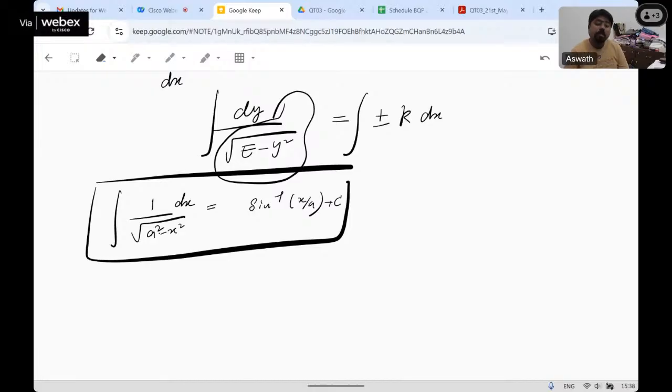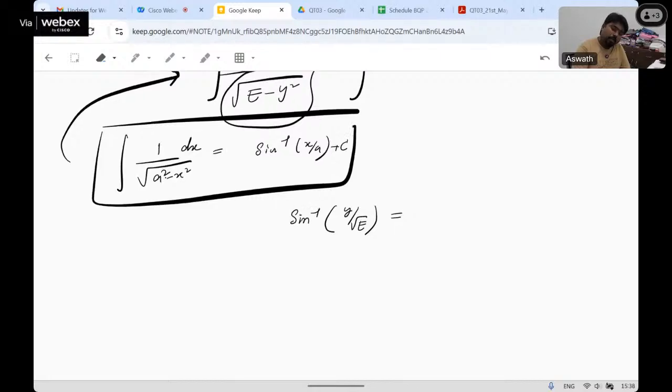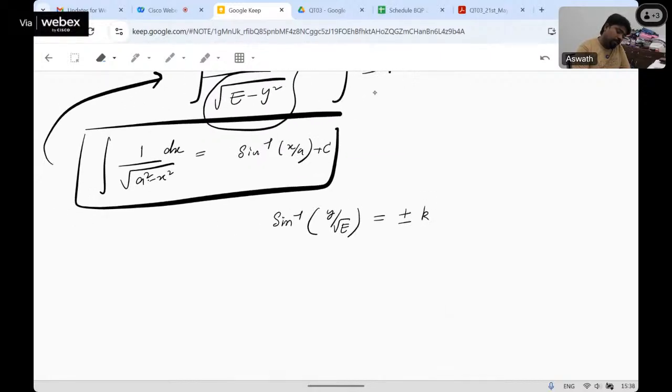This equation looks like that kind of equation. So the solution on the left hand side is sine inverse of y by square root of e, equal to, on the right hand side, plus or minus kx.